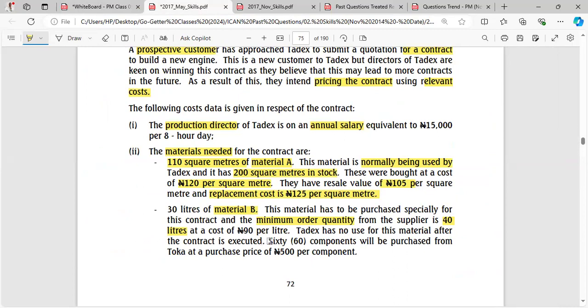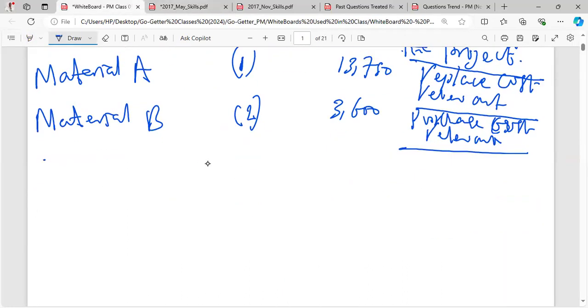Now, they said 60 components will be purchased. So that means that component is another cost that we need to consider.